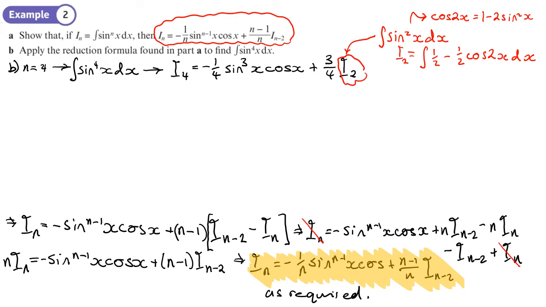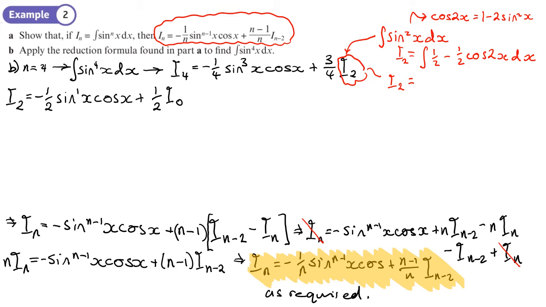So we might say, instead, okay, let's work out what I sub 2 is equal to, if we didn't fancy trying to integrate sine squared. So if we do that, let's see what happens. So I sub 2 is going to be equal to, using the reduction formula, negative a half sine to the power 1 x cos x plus a half times I sub 0.